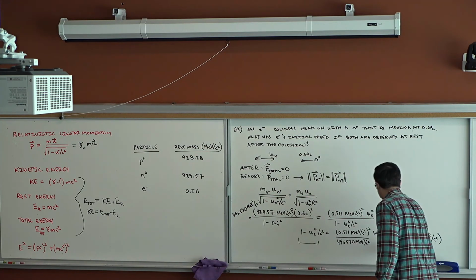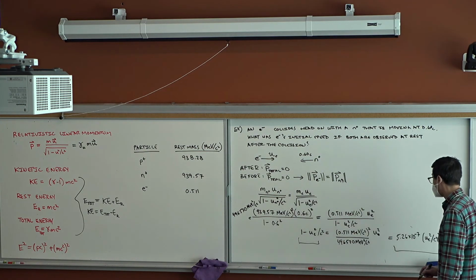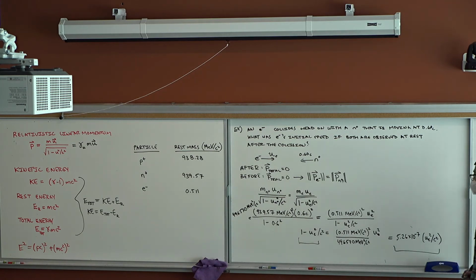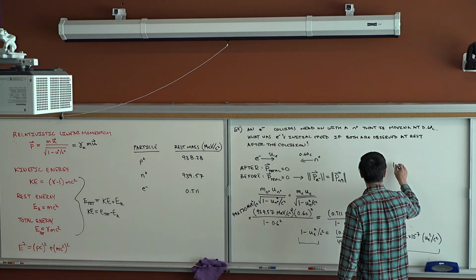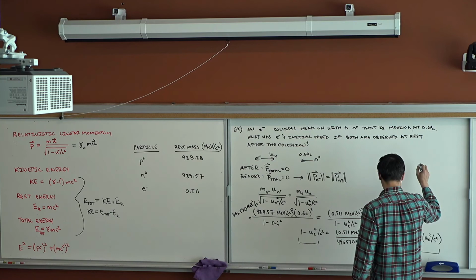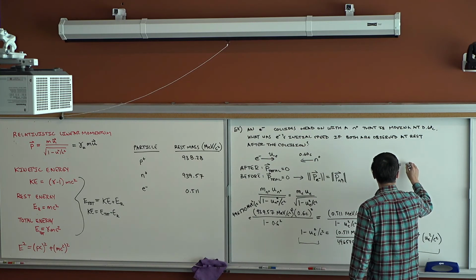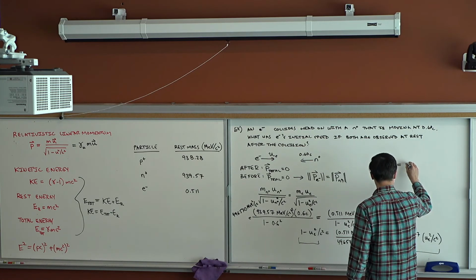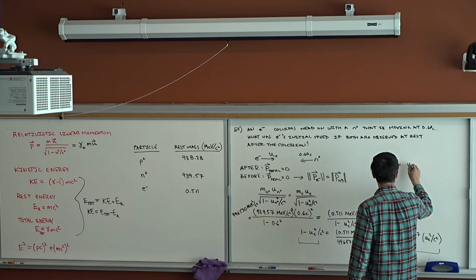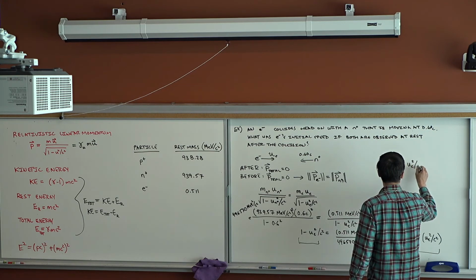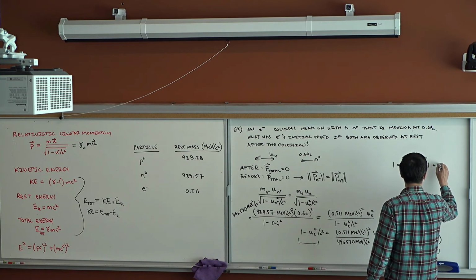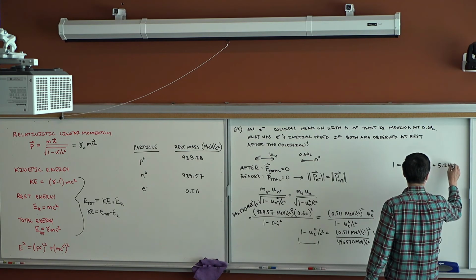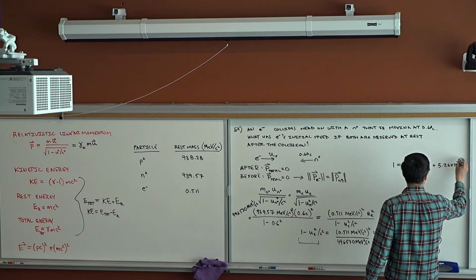Since this is equal to this, I can bring like terms to one side, and we get that 1 is equal to uₑ squared over c squared times 1 plus 5.26 times 10 to the minus 7.